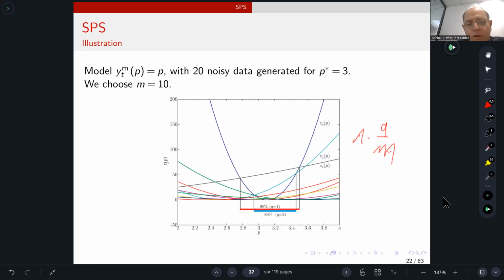If we ask Z0 not to be among the two largest Zi, then you can define the 80% confidence region, which is here. And you can go even below. So using this, you are able to characterize confidence regions without any additional assumption about the noise, other than that it is independent and symmetrically distributed.